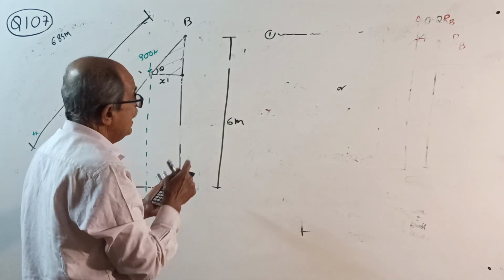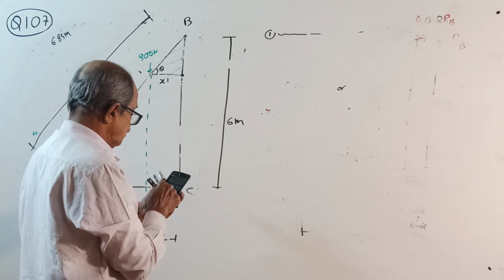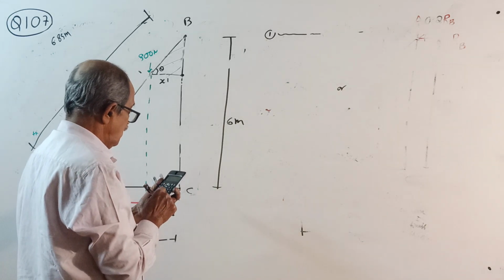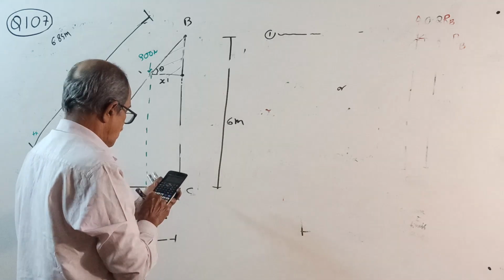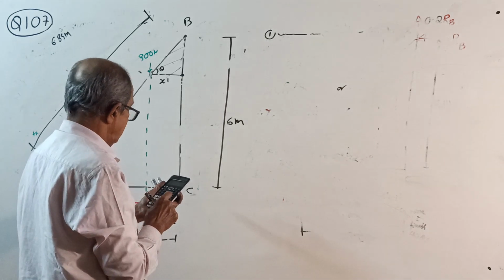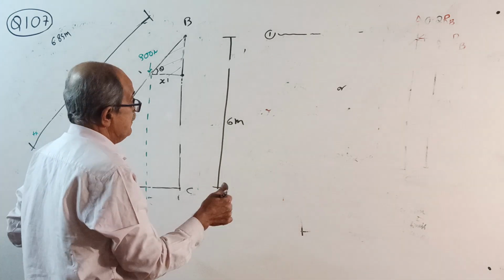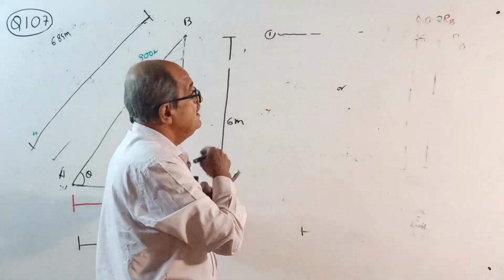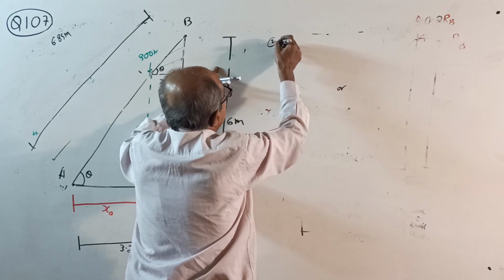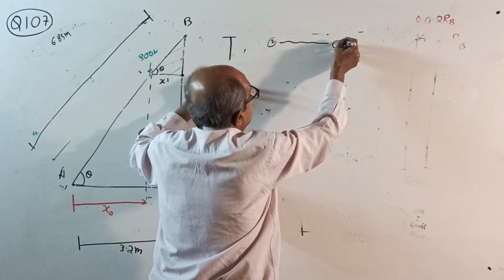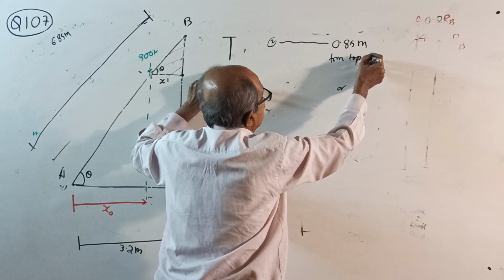What is the length of ladder? Root of 6 square plus 3.2 square, answer equal to 6.8. Then 0.75 height with respect to 6 into 6.8 is 0.85. Suppose in the question he gives the second option, the person is standing at 0.85 meter from top of ladder.